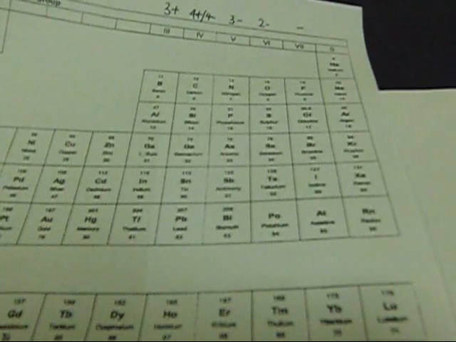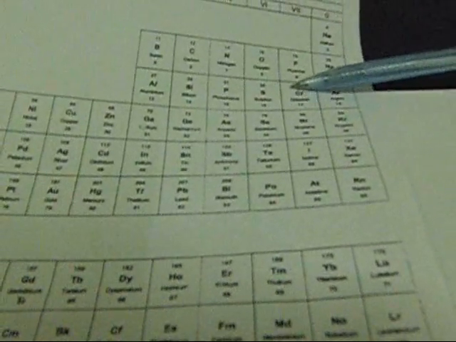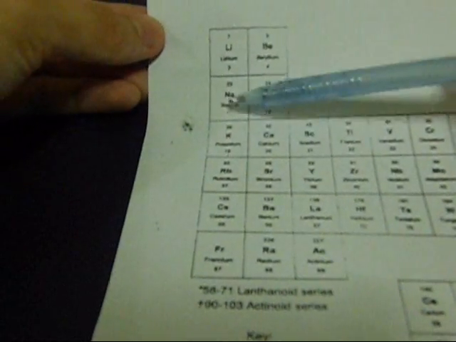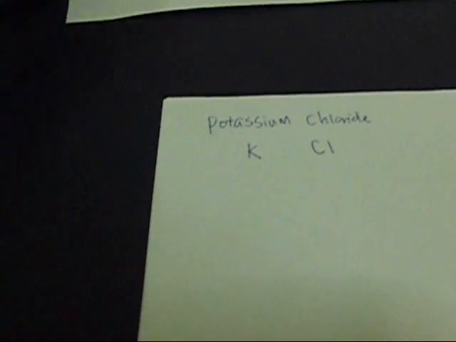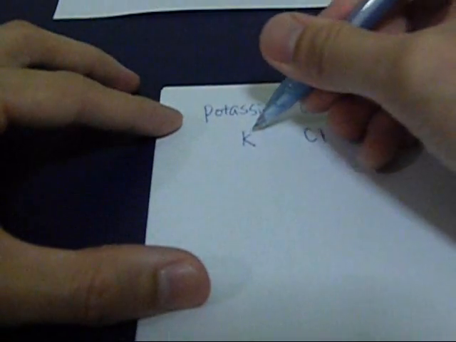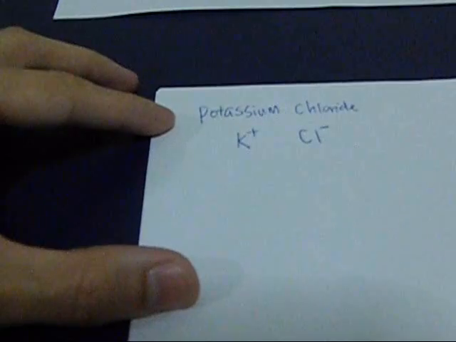So you can write at the top there -1. So in this case, chlorine, the charge should be -1. Potassium, the potassium ion, the charge should be +1. So you can write here plus and minus.